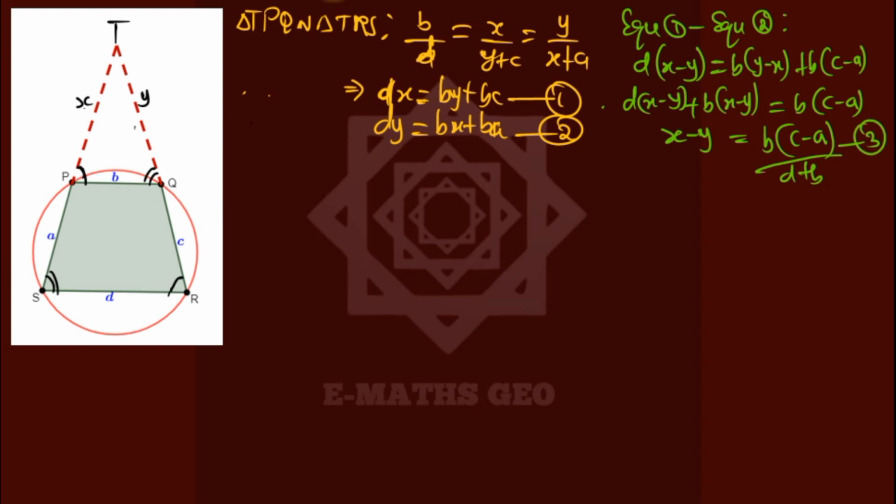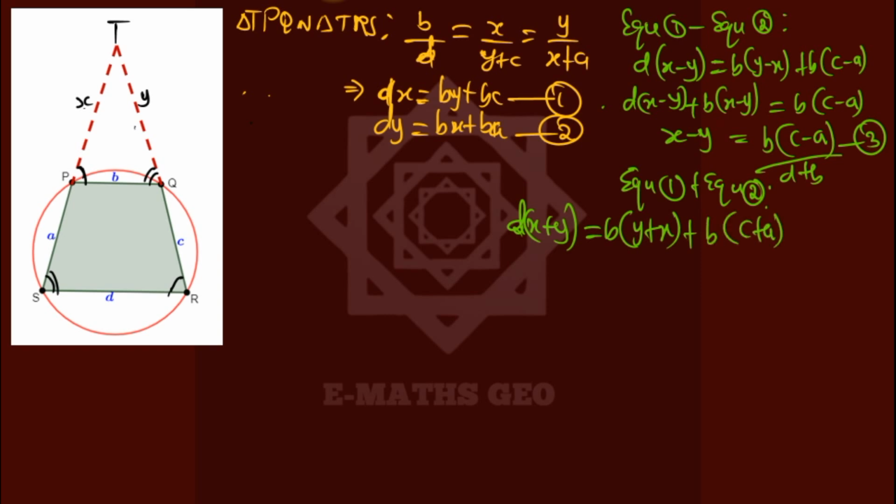Again, if we do equation 1 plus equation 2, we see that d(x plus y), d is common, is equal to b(y plus x) plus b(c plus a).